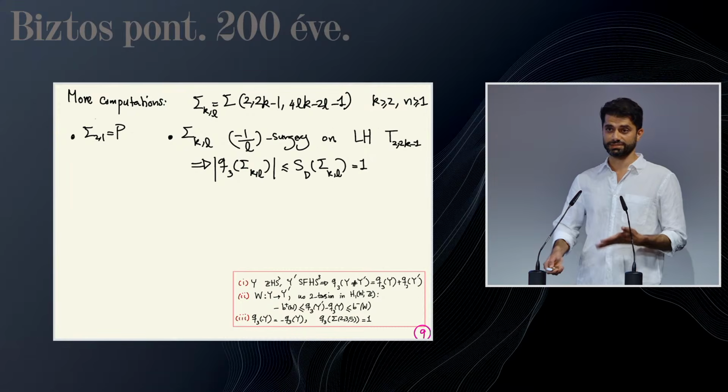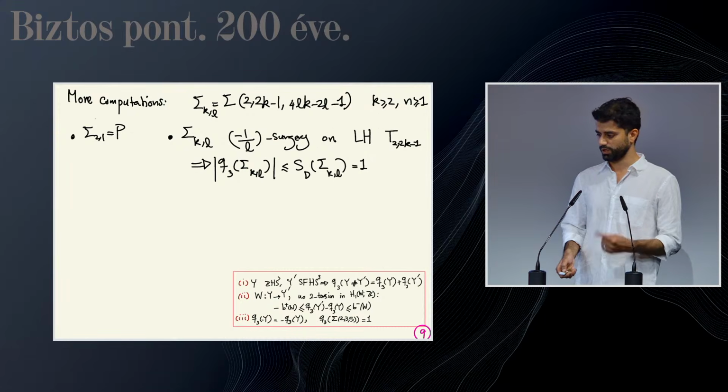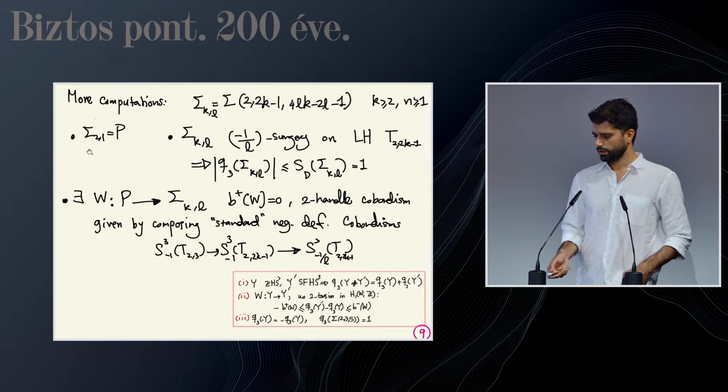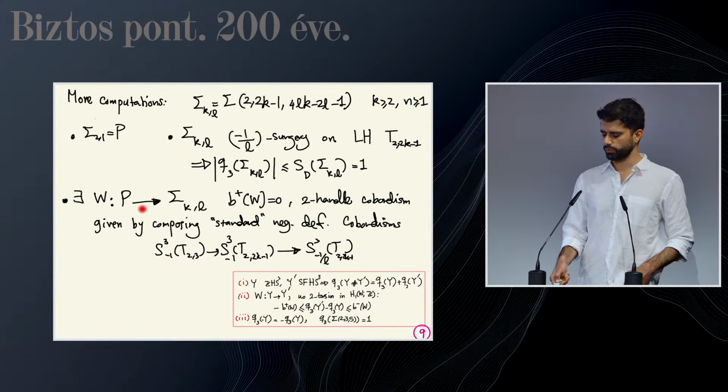So in particular, because it has a surgery presentation in terms of a knot, you see that the absolute value of Q3 has to be at least 1. You can see that also there is a negative definite cobordism from the Poincare homology sphere to this guy. It's not hard to construct such a negative definite cobordism.